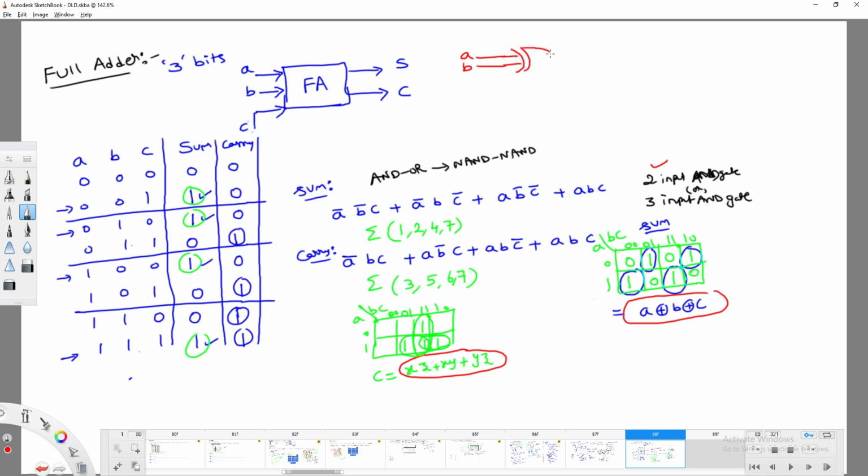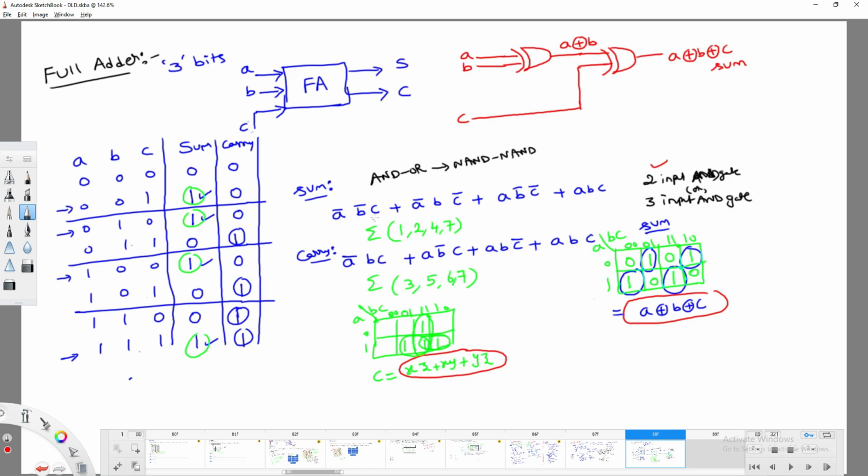I take one XOR, and you get A XOR B. For this output, I add one more input called C. Finally, we get A XOR B XOR C, which is the sum.